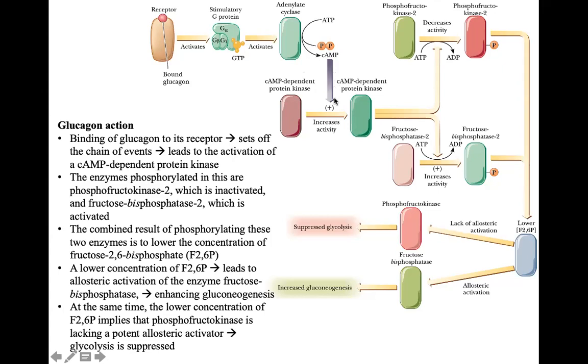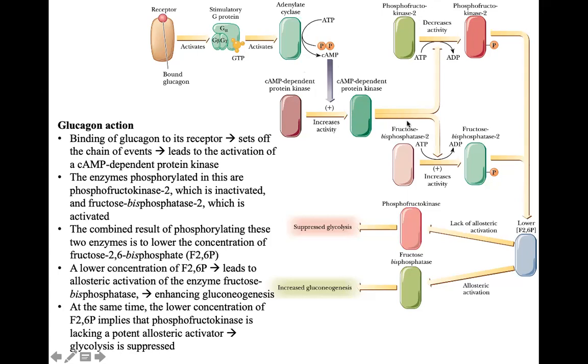Again, they go through to the cAMP-dependent protein kinase, and this happens in two different ways. It involves the enzymes fructose bisphosphatase 2 and phosphofructokinase 2.